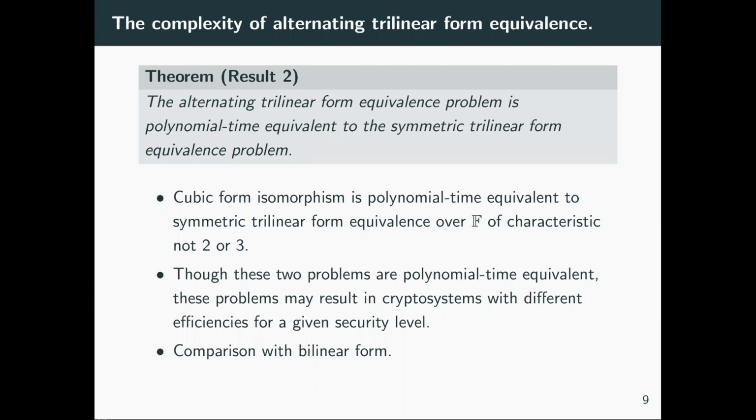Thus, we established the complexity connection of cubic form, symmetric trilinear form and alternating trilinear form, because cubic form isomorphism is polynomial time equivalent to symmetric trilinear form equivalence over a finite field F of characteristic not 2 or 3.